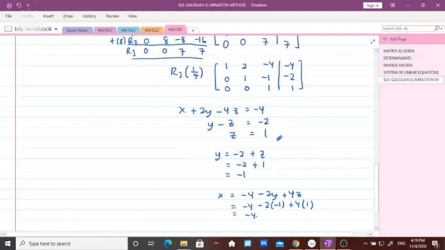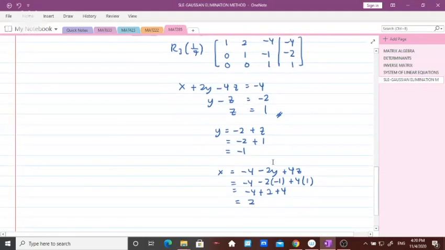So we have -4 plus 2 plus 4, so x equal to 2. So we have solution, for x equal to 2, y equal to -1, and z equal to 1. Hopefully you will understand the method of Gaussian elimination.